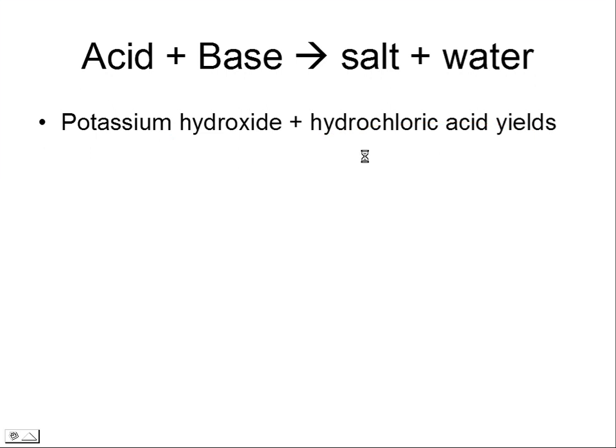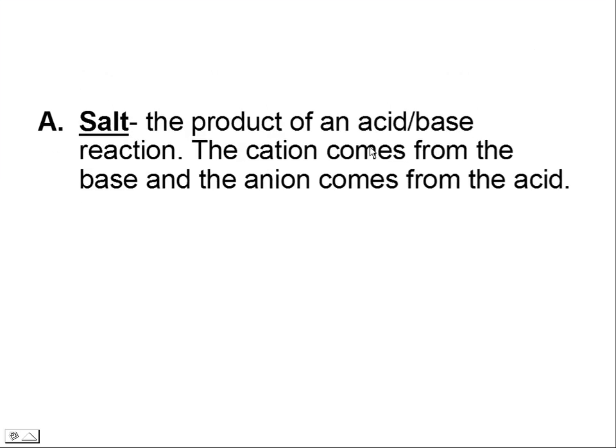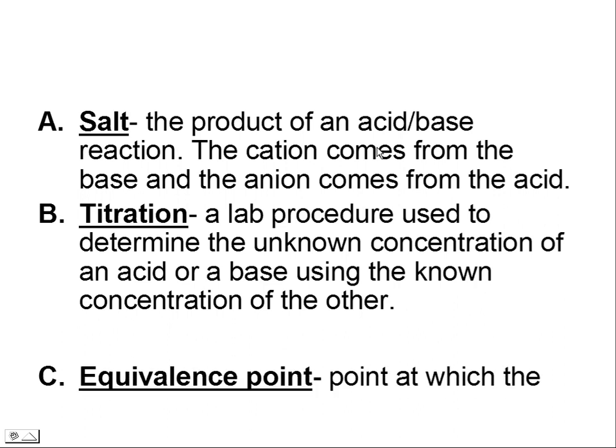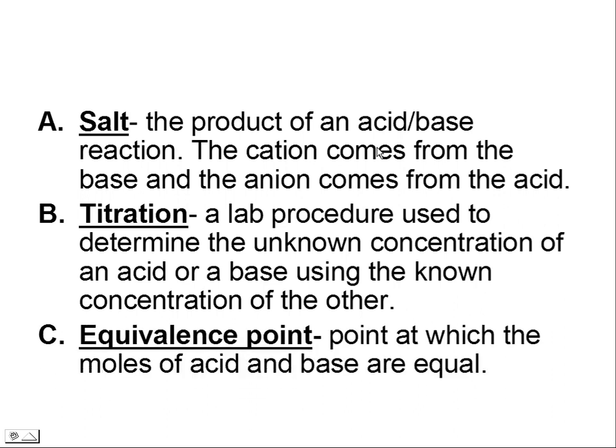So here's some definitions, and I told them that you would need the definitions, so I'm just going to click through them. They're on the PowerPoint, so you can get them from the PowerPoint, or you can slow down, but this is what I just said. The product of an acid base, the cation comes from the base, and the anion comes from the acid. Titration is a lab procedure used to determine the unknown concentration using the known of either. And we titrate to something called equivalence point.